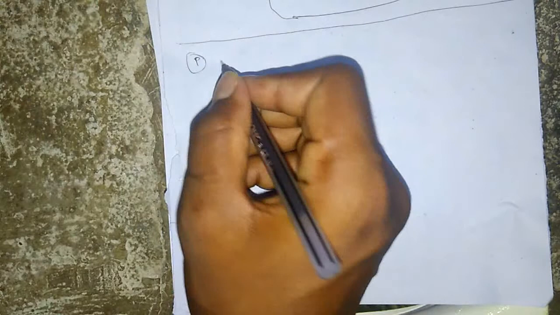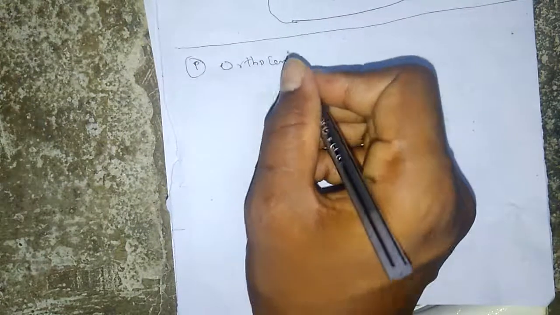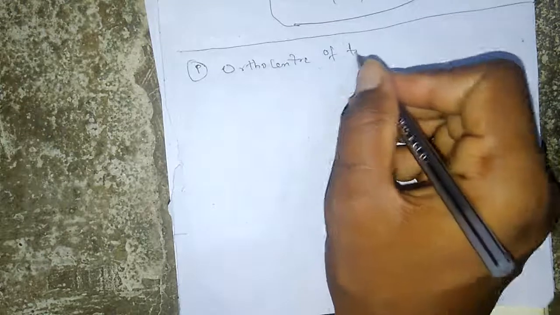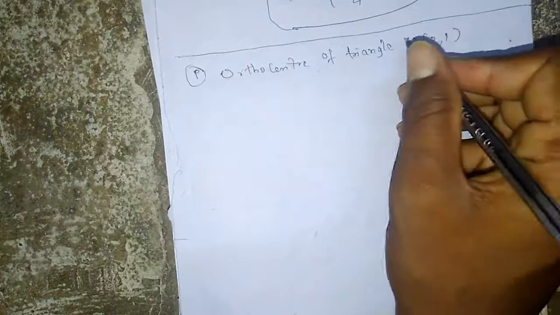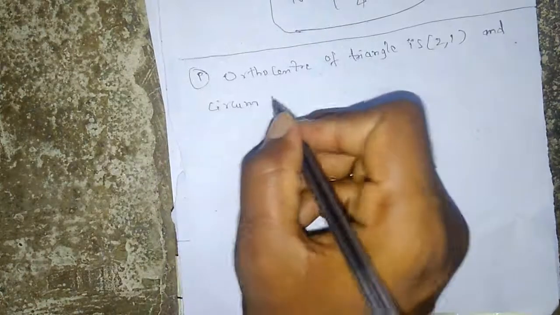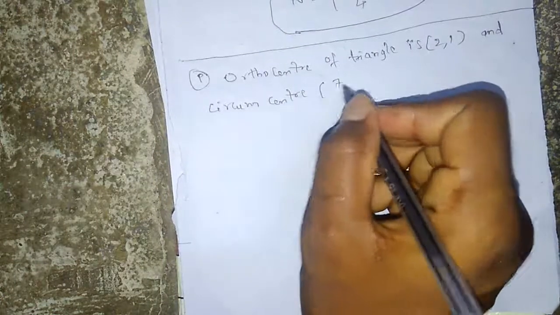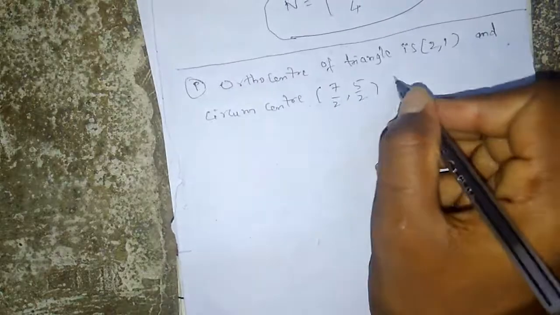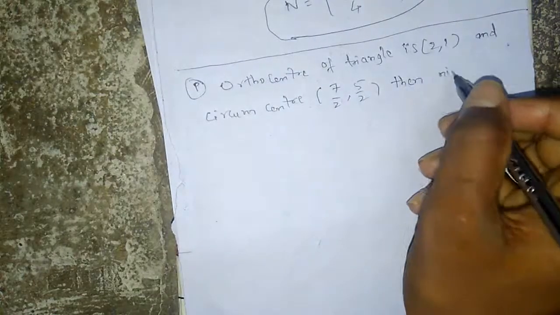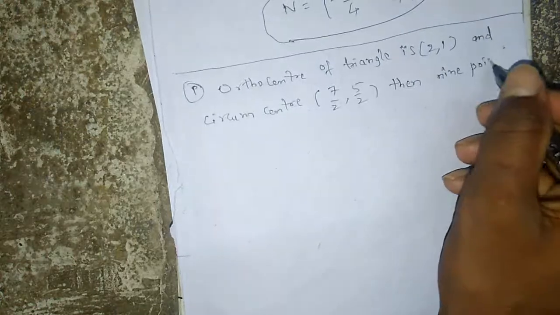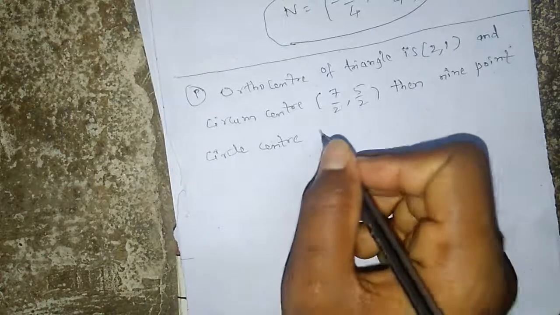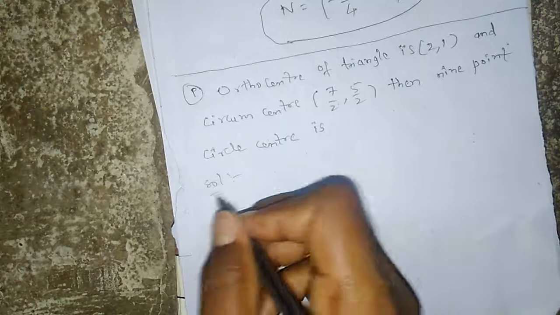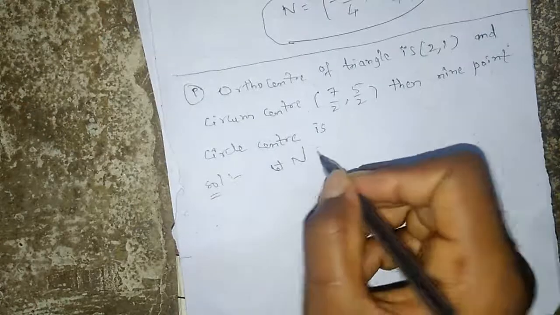Our next problem is, orthocenter of the triangle is 2, 1 and the circumcenter is 7 by 2, 5 by 2. Then 9 point circle center is? Let N be the 9 point circle center.